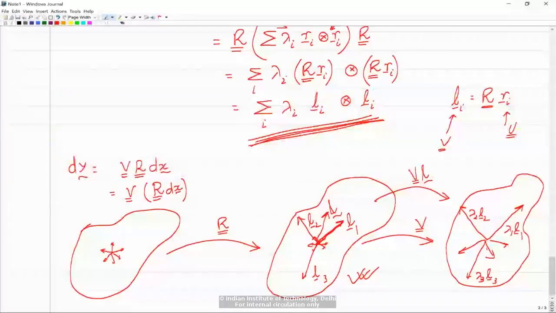For V, you first have to apply rotation and then V, and for U, you first have to apply U and then R. That's the decomposition. Otherwise, they have the same eigenvalues, and their eigenvectors are also related. They have some similarity, but they are not exactly the same.